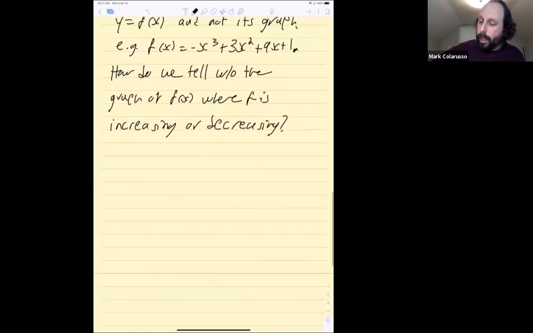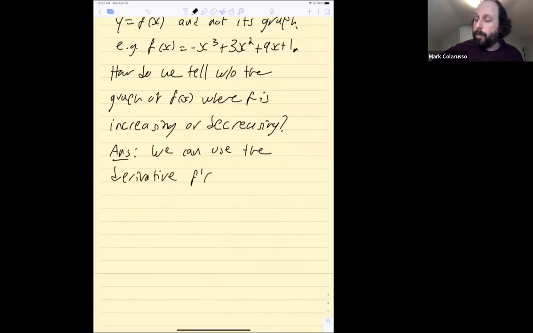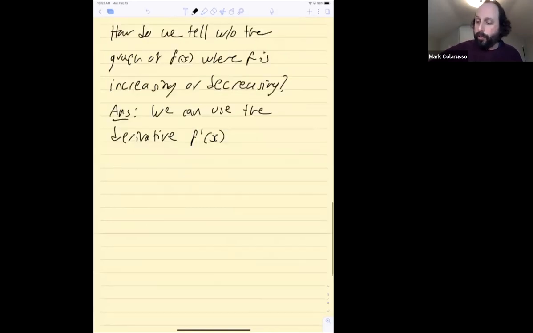And the answer, in some sense, is in the derivative. We can use the first derivative, f prime at x. So here's a little fact.